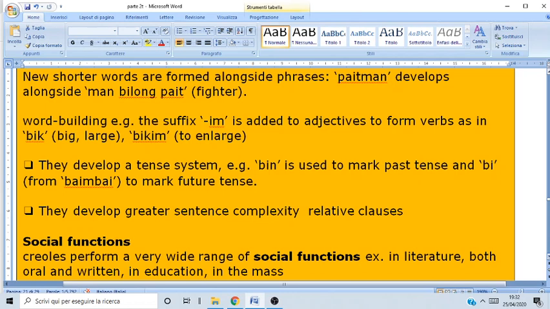And then, of course, the further we go, the more complex it becomes. An indicator that a language has gone from a pidgin to a creole is greater sentence complexity. For this reason, some creoles have relative clauses.